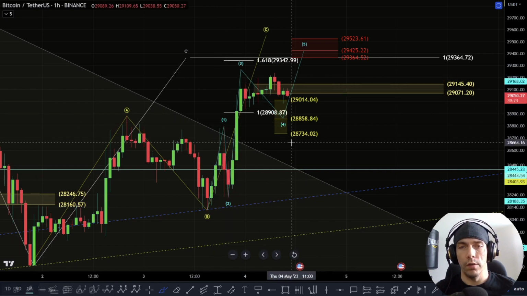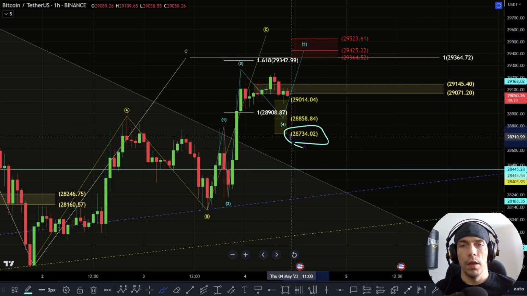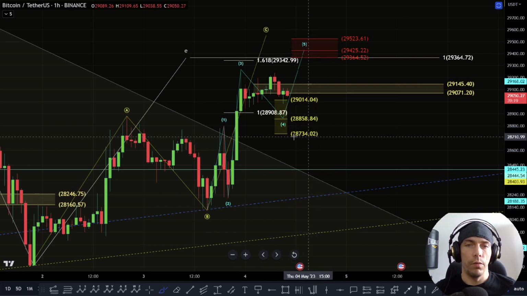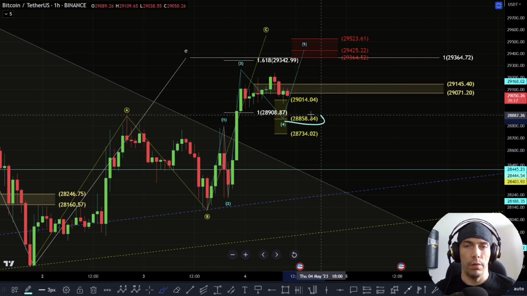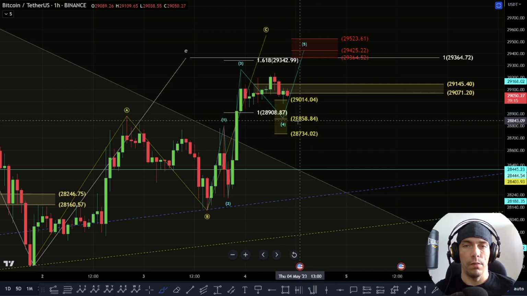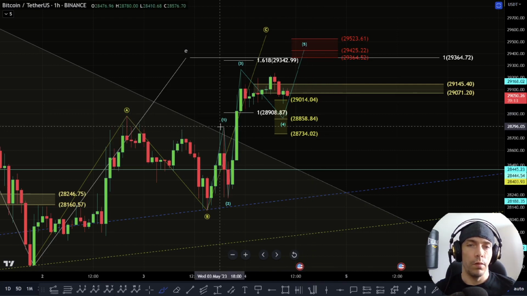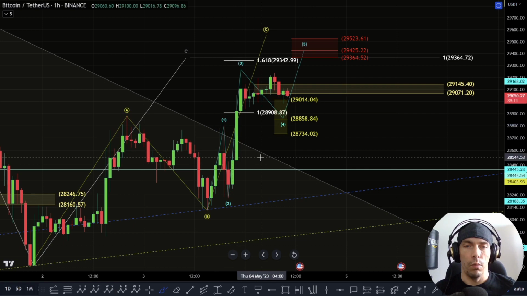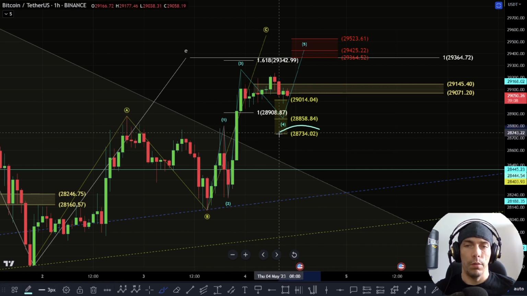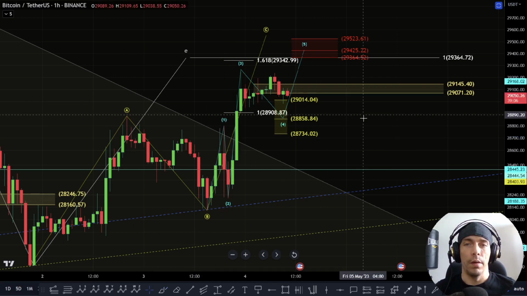If we do, however, find support above this zone of this 28,734, really it would have to be above this zone of this 28,858 area because of overlapping this wave one here. We wouldn't really want to come down to this because otherwise we get some overlap here.